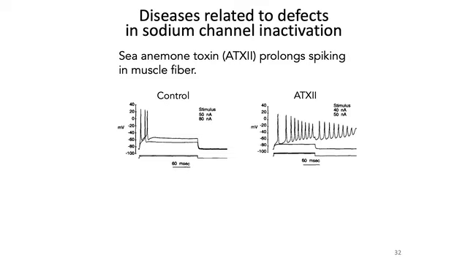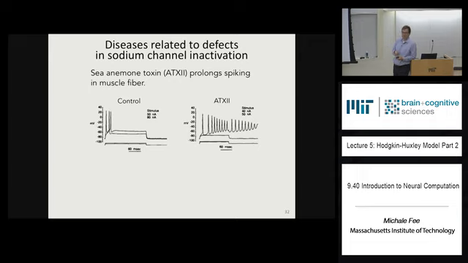We're going to look at a particular model for how the failure to inactivate of the sodium channel produces these myotonic runs. What's really crazy is that after you turn off the current injection that activates the muscle fiber, the muscle fiber keeps spiking.